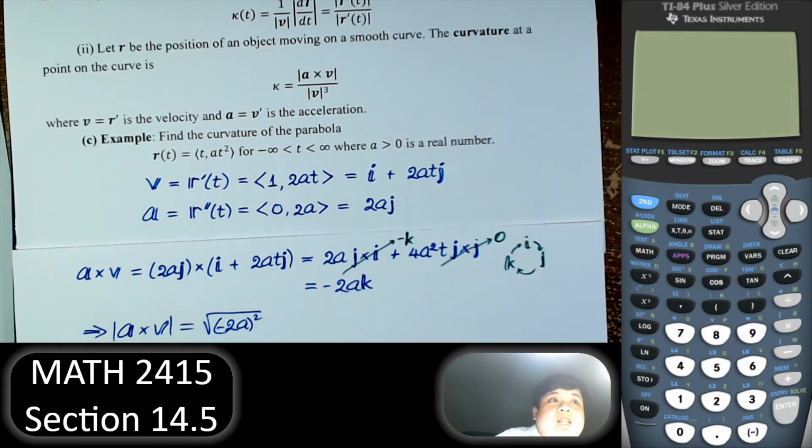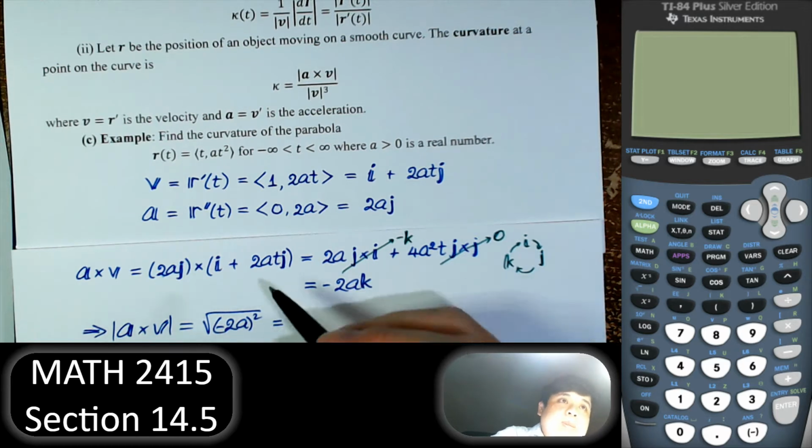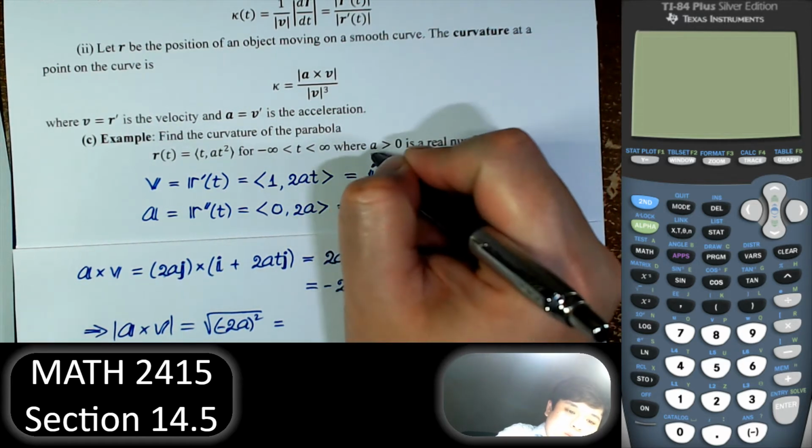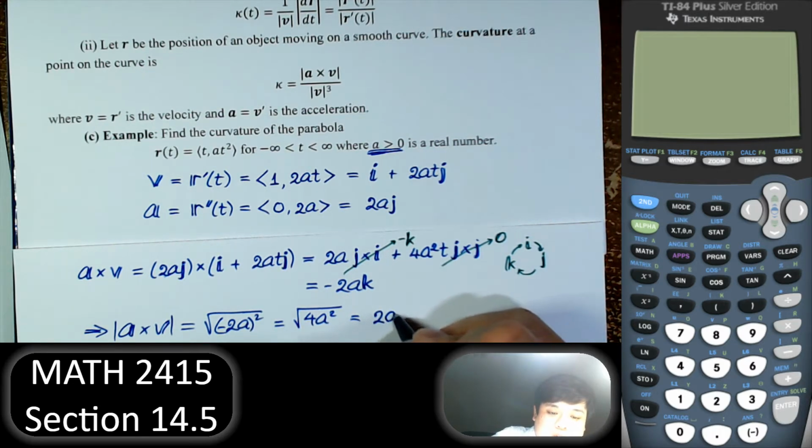It just has one component, right? So we just do that. Then 0 square doesn't do anything, right? And a is positive. So in that case, this goes for a square, and since a is positive, the square root should be positive, so we just have 2a.